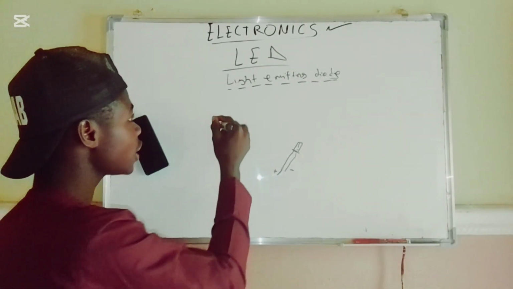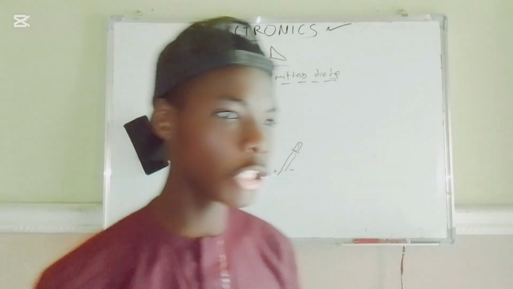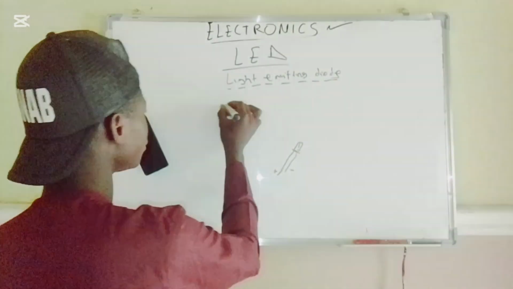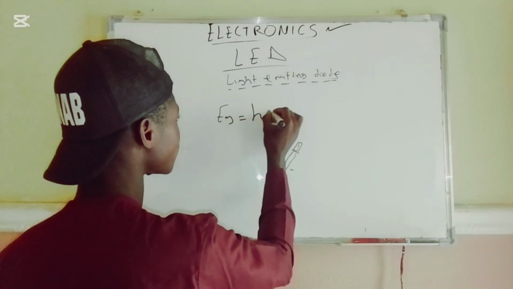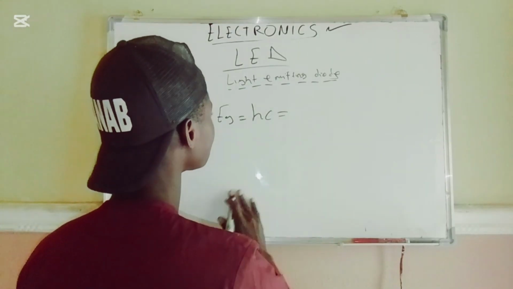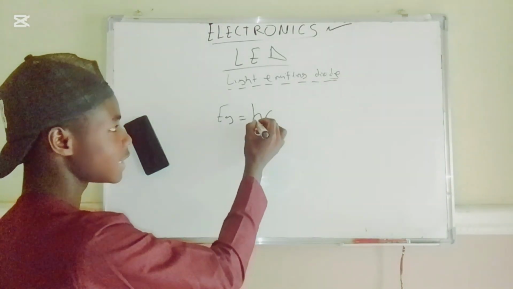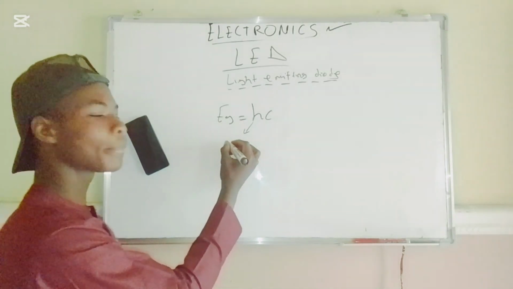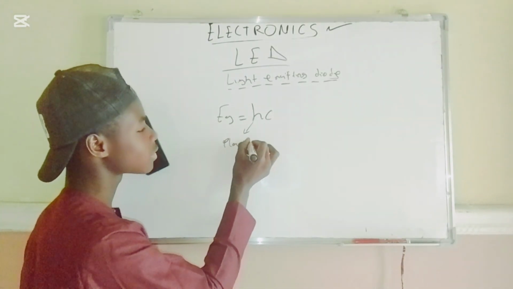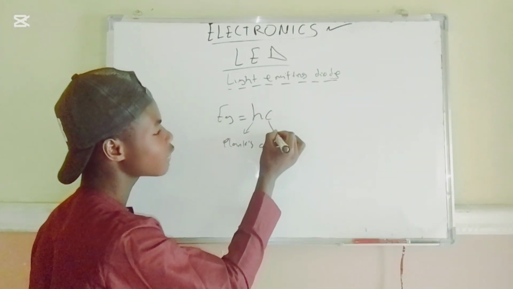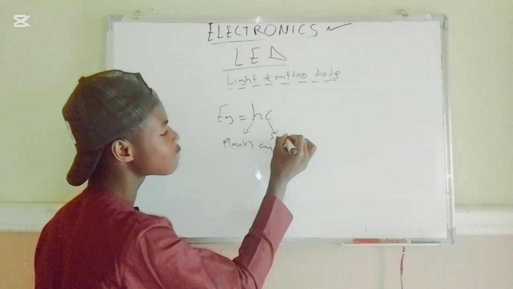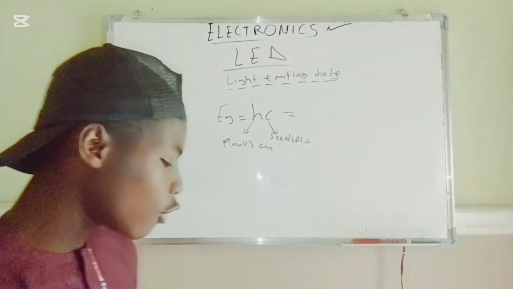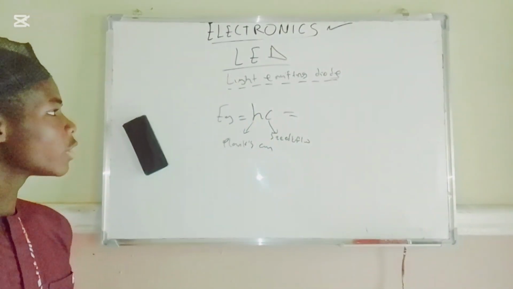So the relation of LED, as I said before, you might end up with the band gap, which is Eg, which is equal to hf. The h stands for Planck's constant, and the c is the speed of light.